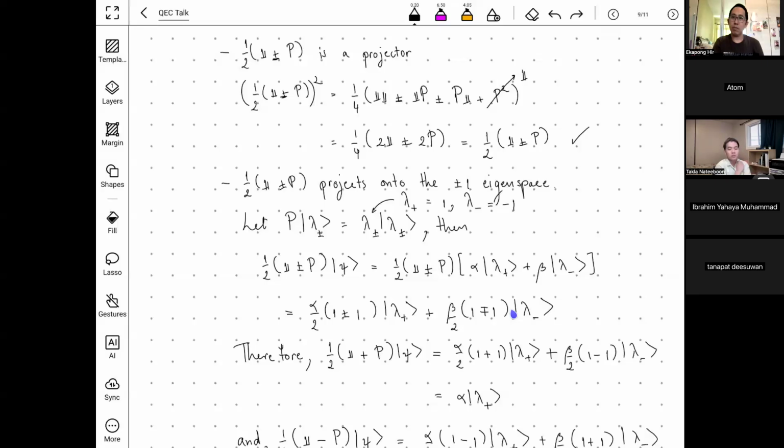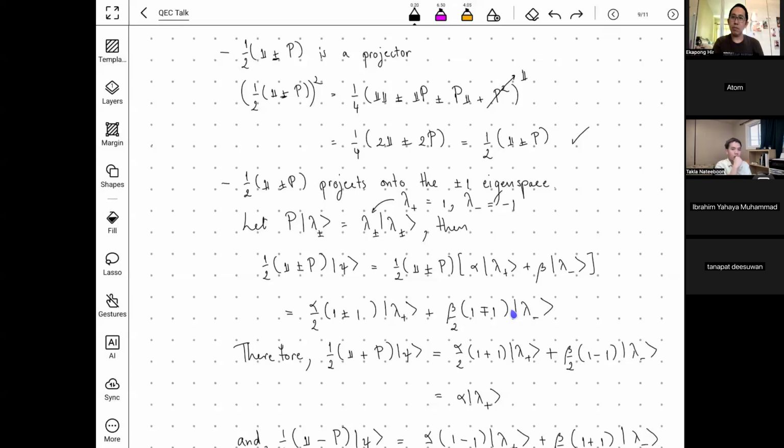Involution. It's like evolution, but with an 'in' instead. A matrix M is an involution if its square is equal to identity. Does that make sense? Yeah, that makes sense.